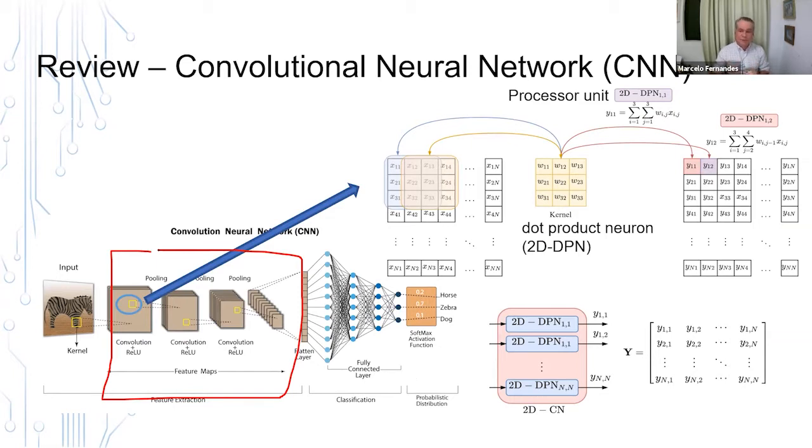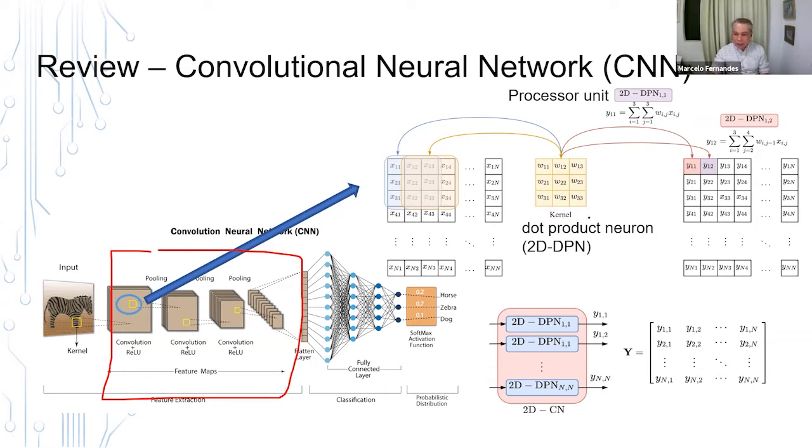In the convolutional part, we have a slightly more complicated processor unit, because you know that we have several kernels. Of course, we can have a two-dimensional kernel or a one-dimensional kernel. In this example, I'm using a two-dimensional kernel, which is more common in a convolutional neural network.